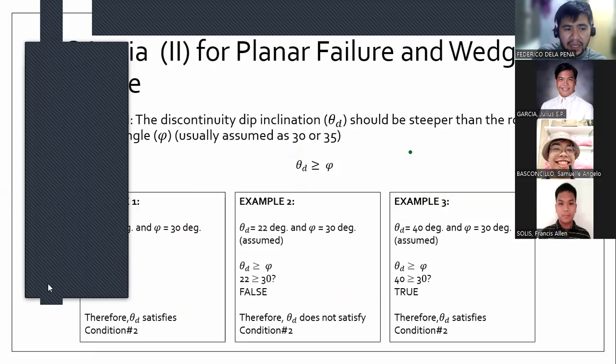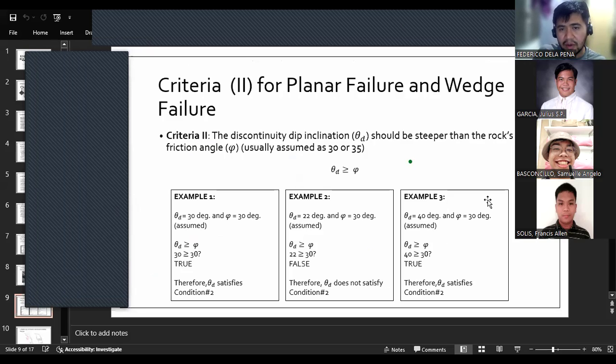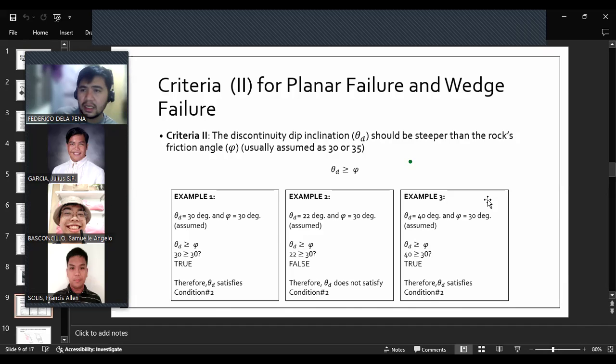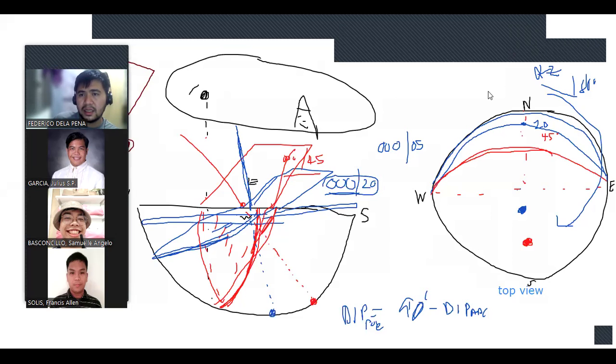I'm going to go back to the exercise document. I just want to introduce a term or jargon: the concept of daylighting.